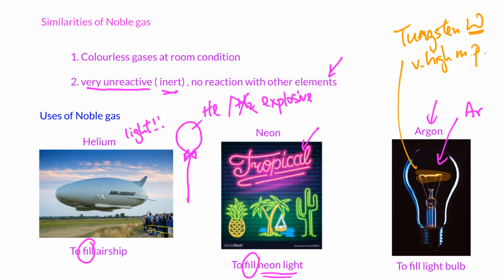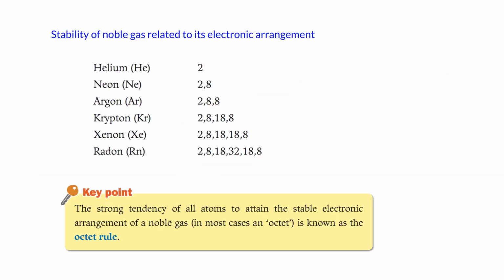But if the light bulb contains oxygen, the tungsten may react with the oxygen. Therefore, we shouldn't have any oxygen in it. We should provide an inert environment for the tungsten to glow hot without burning. So argon is used to fill light bulbs.